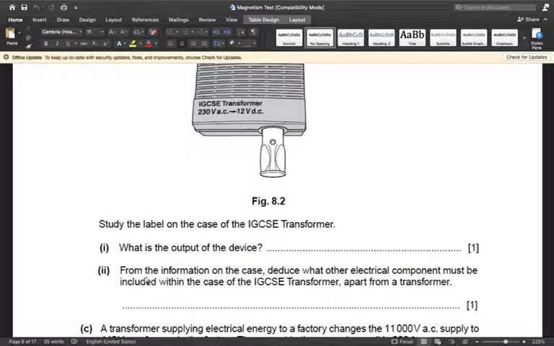Okay. From the information on the case, deduce what other electrical component must be included within the case of the IGCSE transformer apart from a transformer. What else is inside this device other than a transformer?